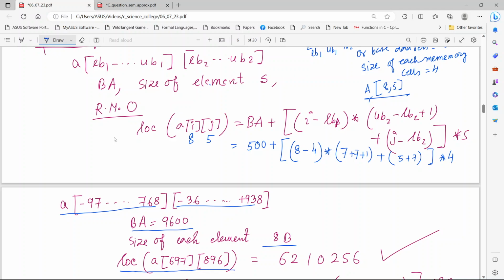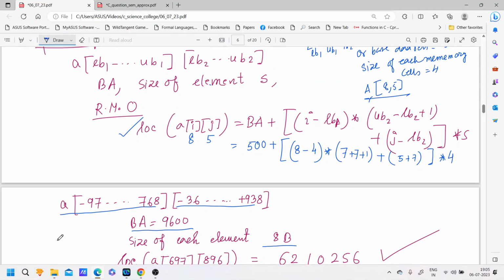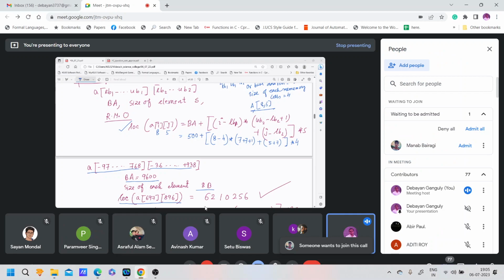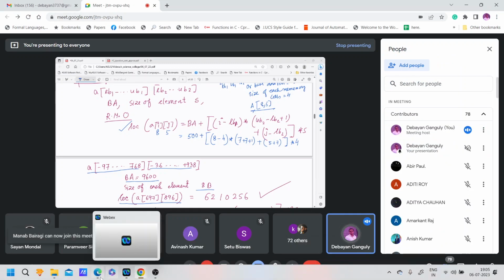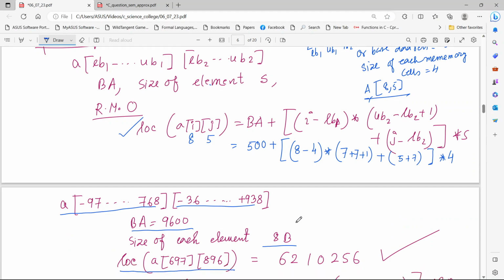So just try it, whether you can find the particular location. That means you have to find the location of A 697 and 896, right? So please just try a little bit and then tell me whether you can find the same answer or not.